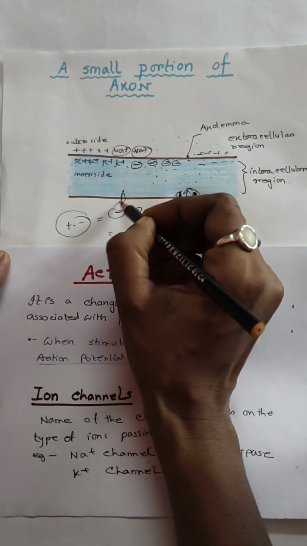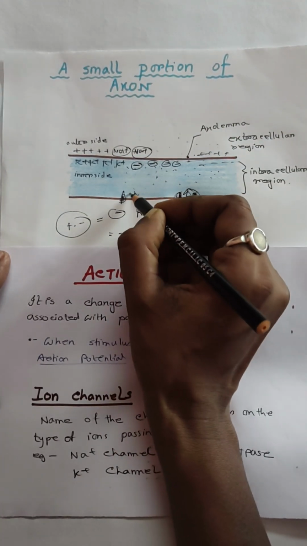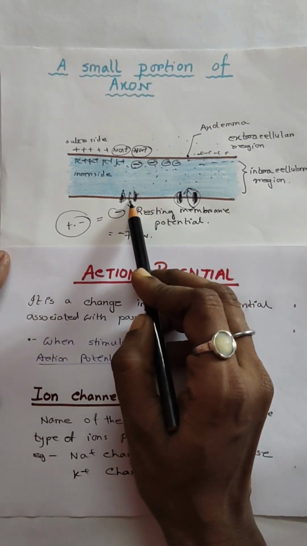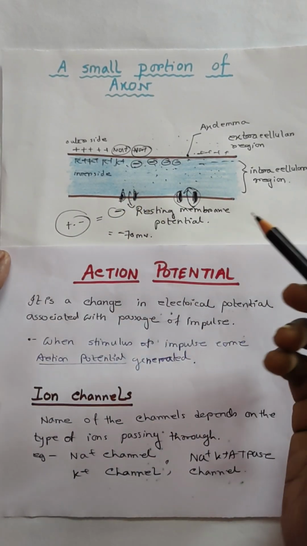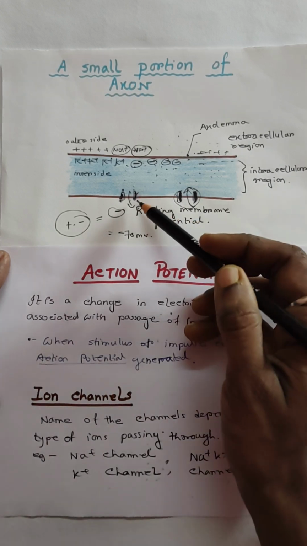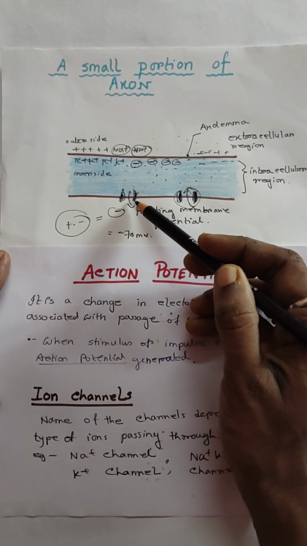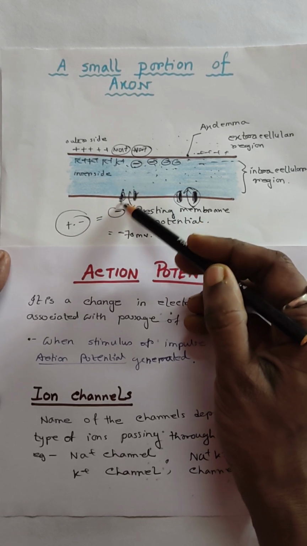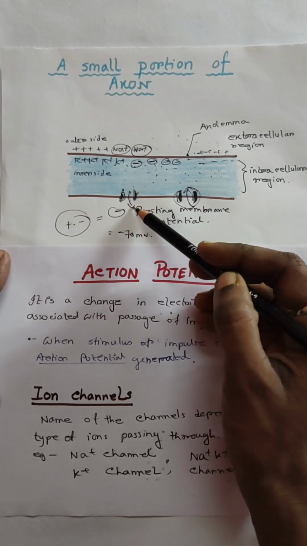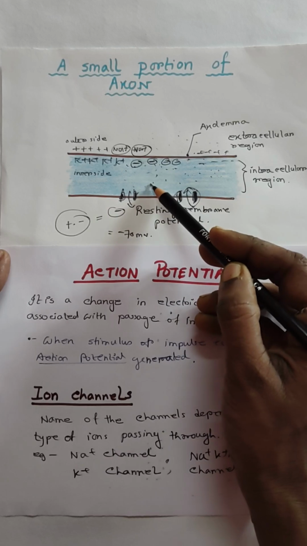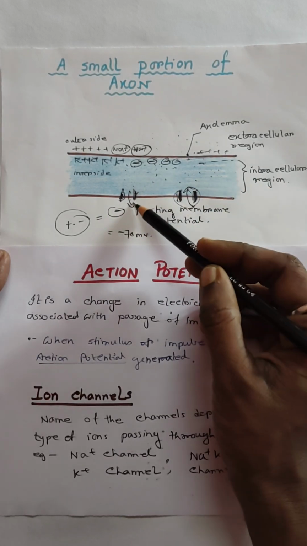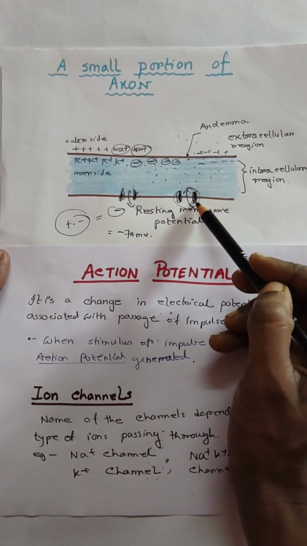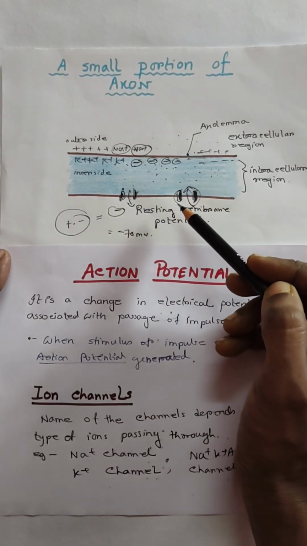If a channel helps the potassium ion to get out of the membrane, then we call it a potassium channel. And some channels do both functions: on one hand they bring in the potassium ion, and on the other hand they throw the sodium ions outside the intracellular space. So these are the ion channels that help to maintain the charge differences.